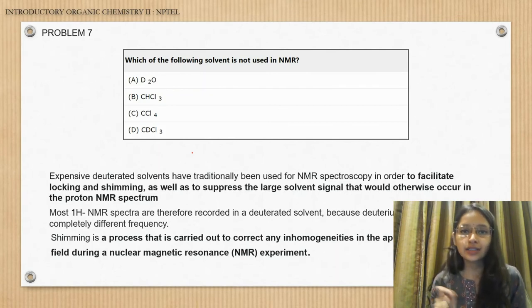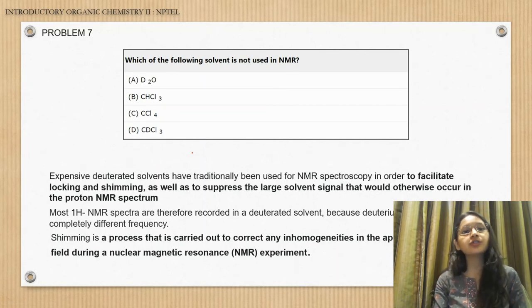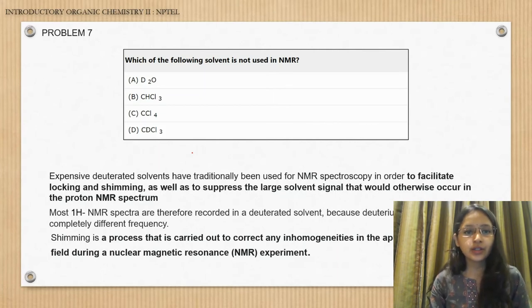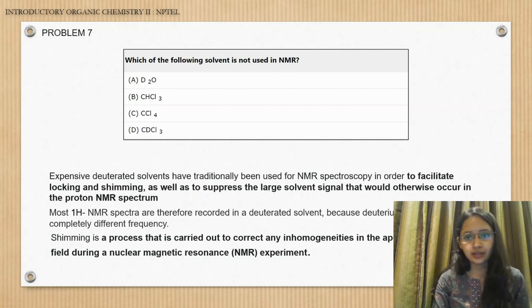That is why in proton NMR deuterium will not give you a signal. That is why we go for deuterated solvents, to suppress the large solvent signal that would otherwise occur in the proton NMR spectrum. So mostly 1H spectra are recorded in deuterated solvents, because they absorb at a completely different frequency.